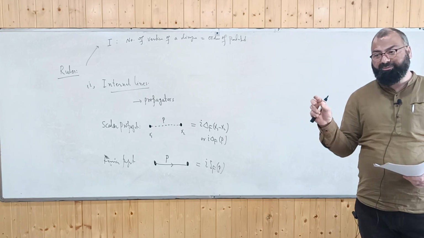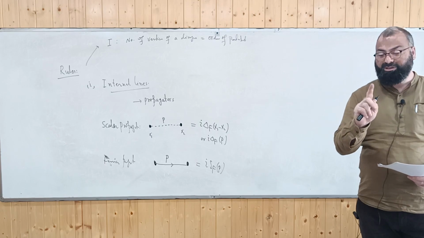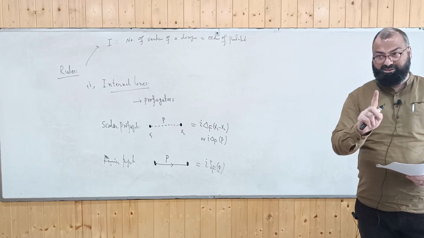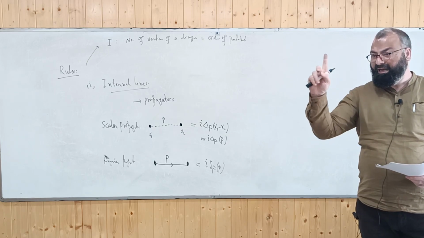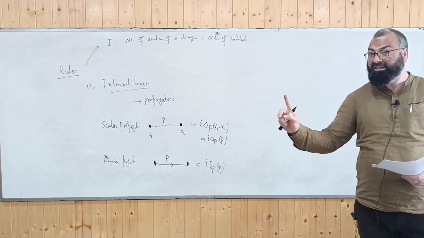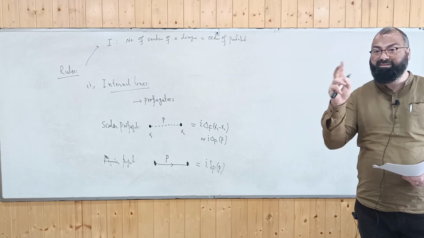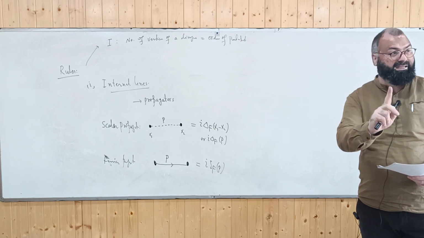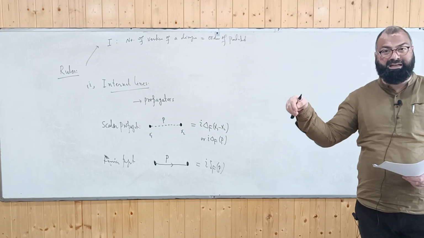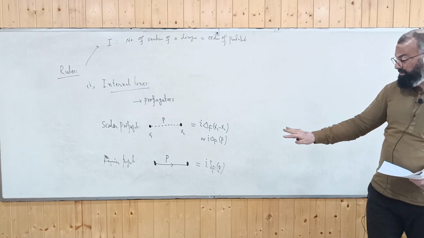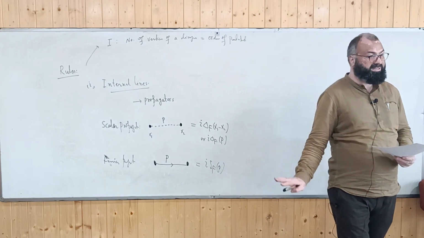Since this field has two types of particles, if you annihilate an electron at a given point and create it at the other point, the positron field is contained as well. So it is the reverse: while you are annihilating the electron, you are creating a positron, and while you are creating the electron, you are annihilating the positron. The Feynman propagator for the fermion field gives you that kind of description, both things.